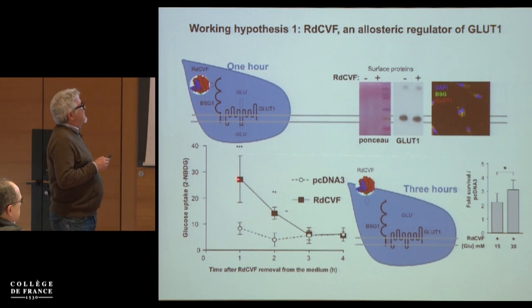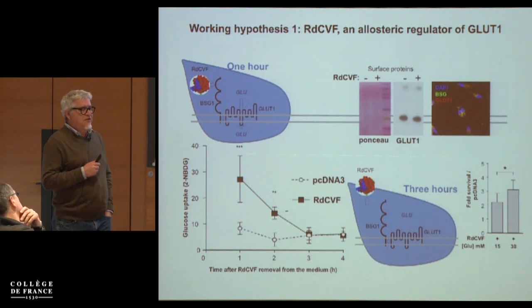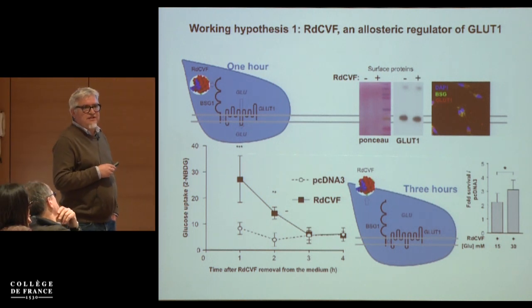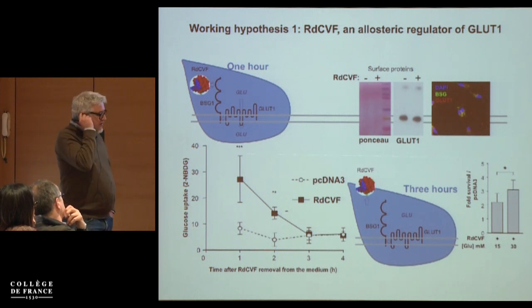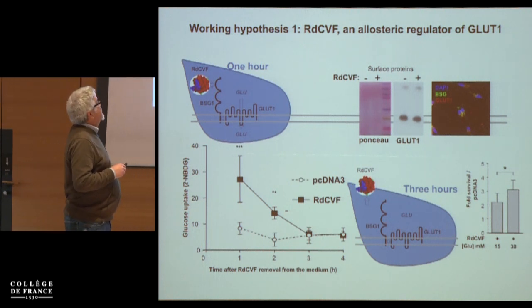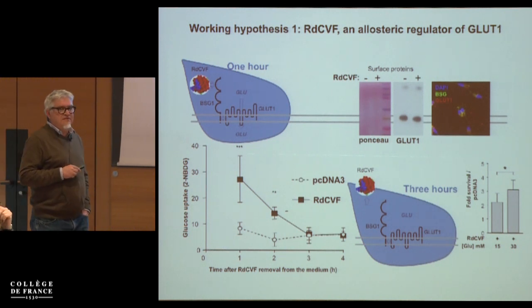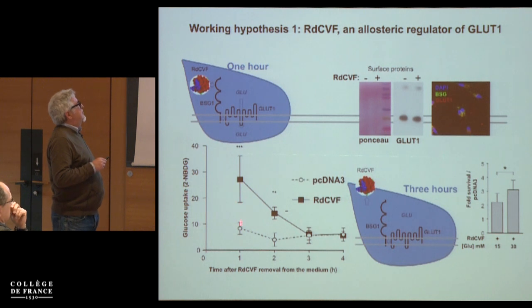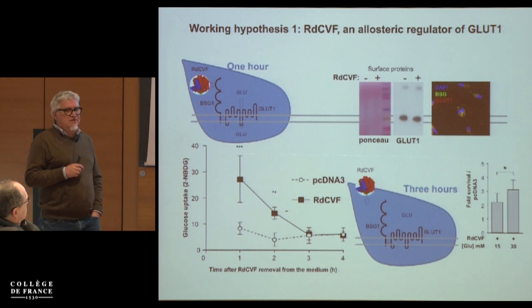We also made this experiment with Geraldine, in which we removed RDCVF at time 0 in order to measure the uptake of glucose, using a derivative of a fluorescent probe, between the negative control PCDH3 and RDCVF. At 1 hour after having removed RDCVF, you see a large difference between the RDCVF and the negative control, which decreases at 2 hours and decreases to nothing, no difference, at 3 hours.